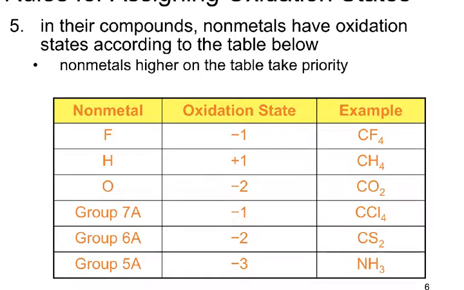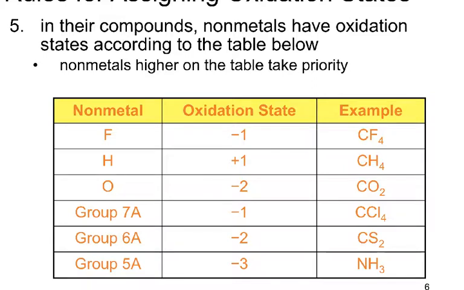Oxygen is assigned an oxidation state of -2. Then group 7A, which is the rest of the halogens, is assigned -1. Group 6A, which is the rest of the group under oxygen, is assigned a -2. Group 5A, which is nitrogen and below that, is assigned a -3.